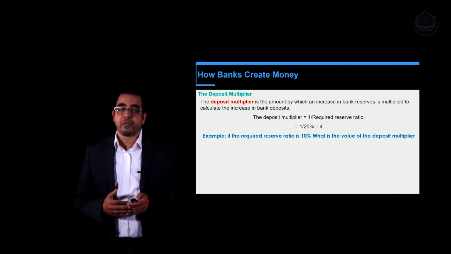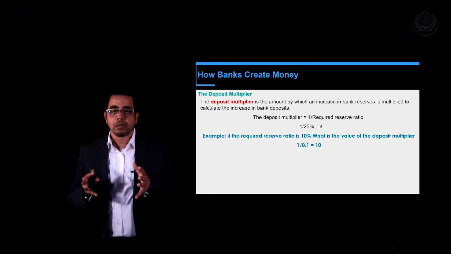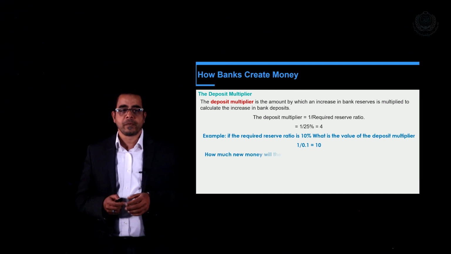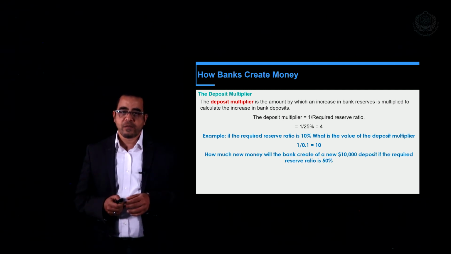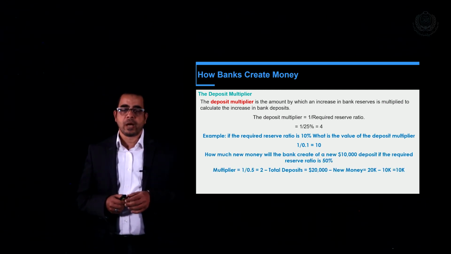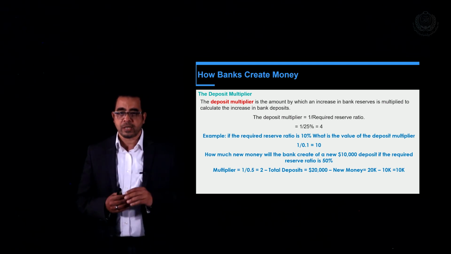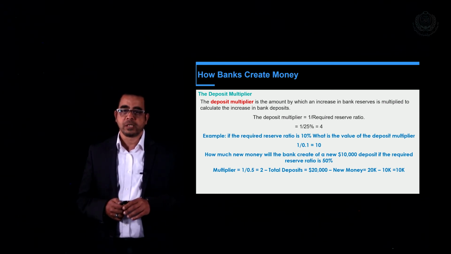If the required reserve ratio is 10%, it will be 1 over 10%, which is 10 times, which means that each deposit will be multiplied 10 times. If it's 50%, this means that the multiplier is 2. So the higher the required reserve ratio, the lower the multiplier, and the lower the required reserve ratio, the higher the multiplier.